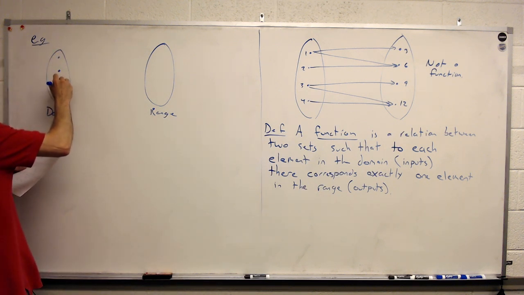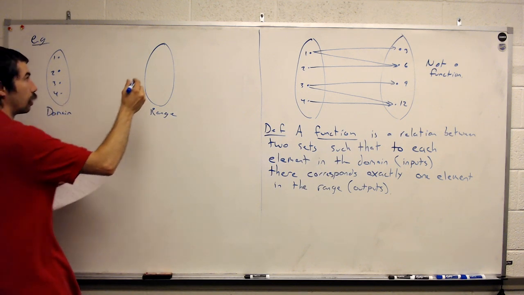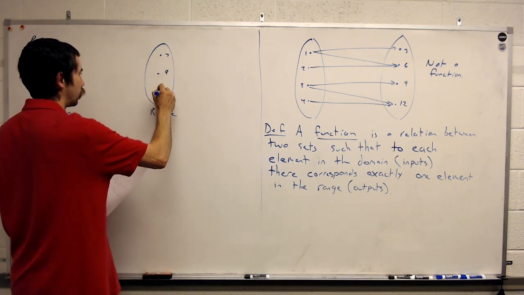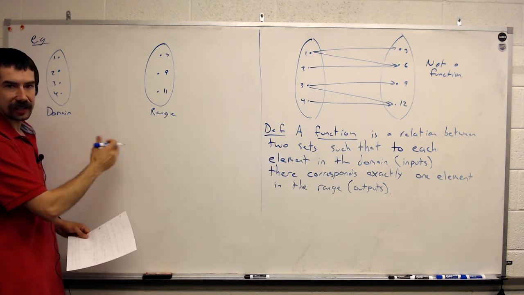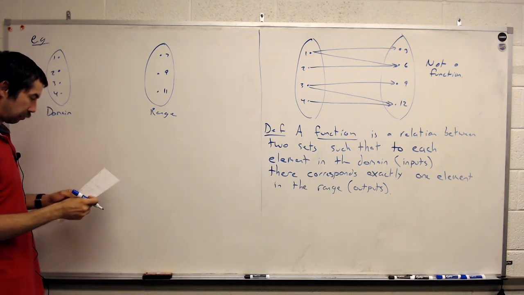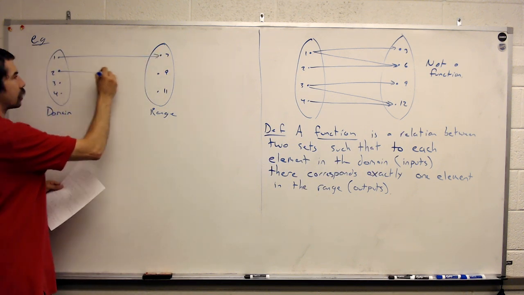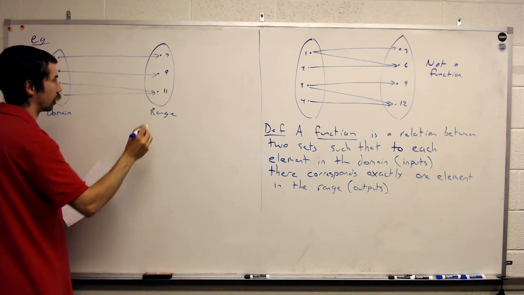Again, I'll have just the numbers 1, 2, 3, and 4 be our domain. And let's say 7, 9, and 11 is our range. Notice these two sets are not the same size. That's okay. So maybe 1 gets sent to 7, 2 gets sent to 9, and 3 gets sent to 11. 4 also gets sent to 11.